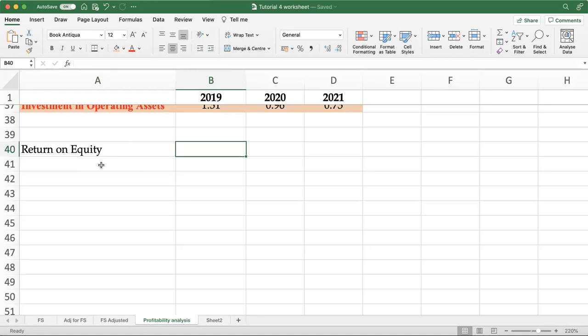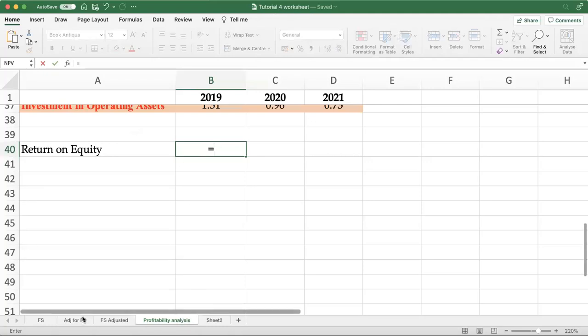From the profit for the period, you have to deduct any preference dividend. For this company, all shares are ordinary shares; we don't have preference shares. Then return on equity equals profit for the period divided by total equity.